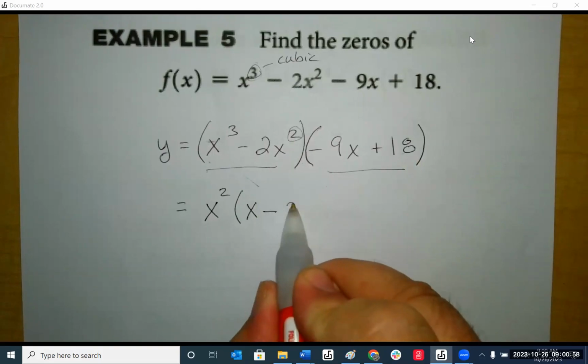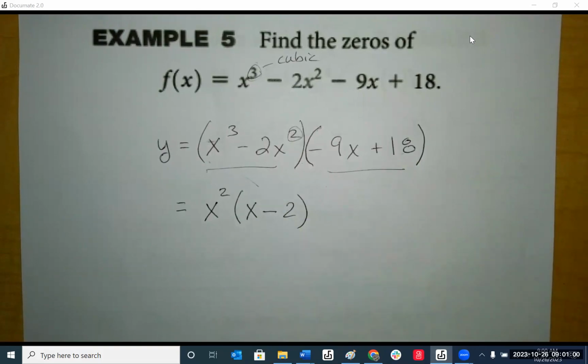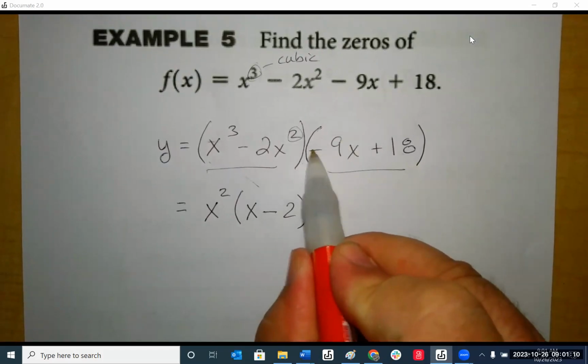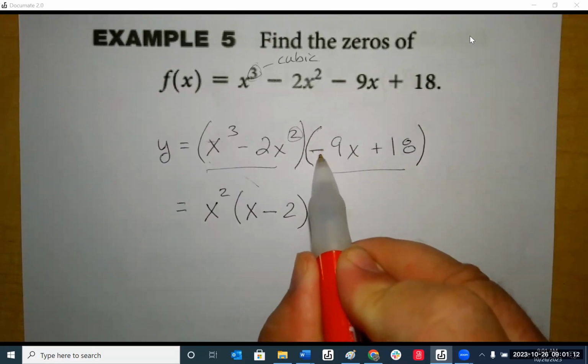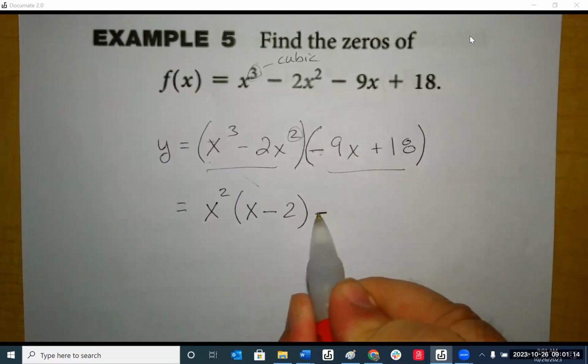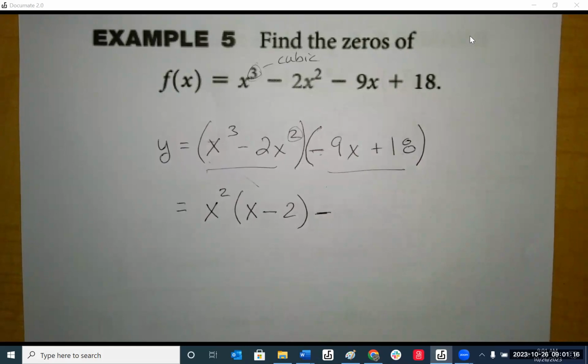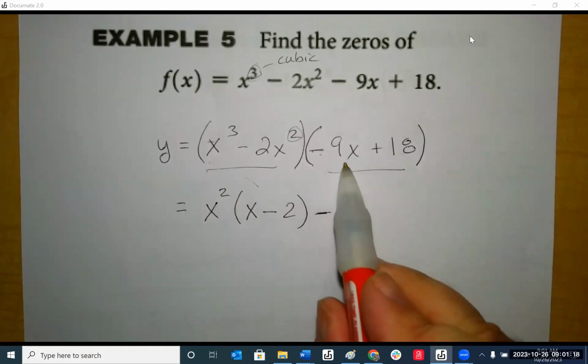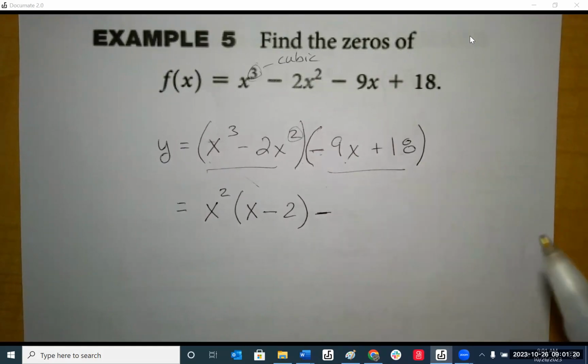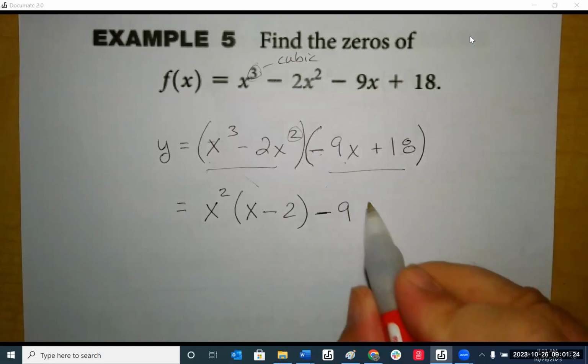And if I took out 2 x's from the second, I just have a 2 left. Do the same thing with the second one. But because that's a minus sign there, you have to take out the negative sign also. What do they have in common? 9x and 18 both have a 9 in common. So we factor out a negative 9.